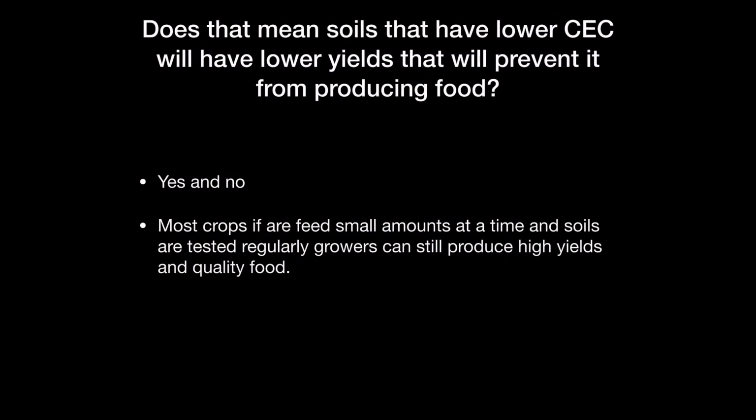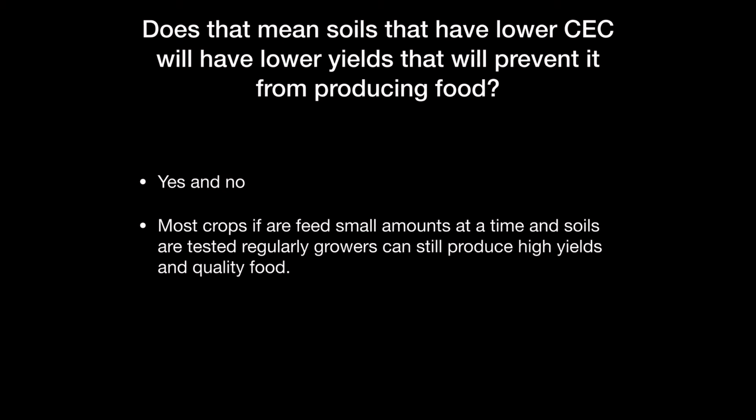So, what does that mean? Well, does it mean that soils with low CECs will have lower yields and prevent them from actually producing enough food? Well, yes and no. It kind of depends on your ability as a farmer or manager or grower to slowly let out certain chemicals at certain times.